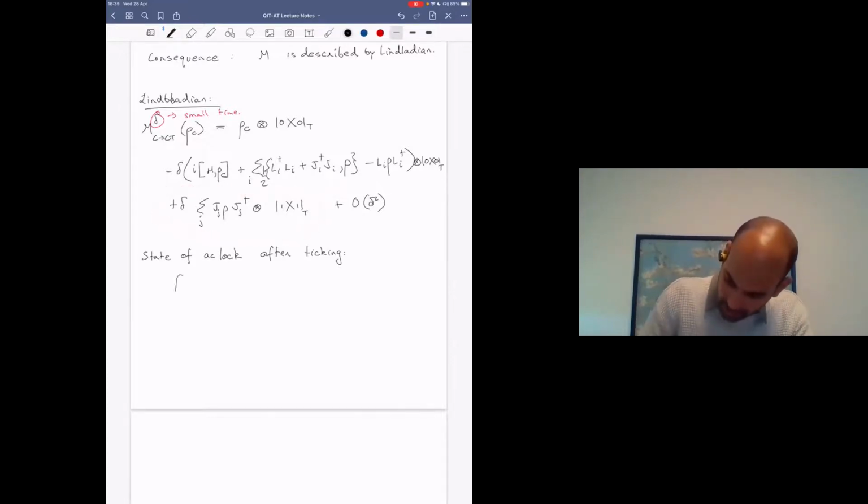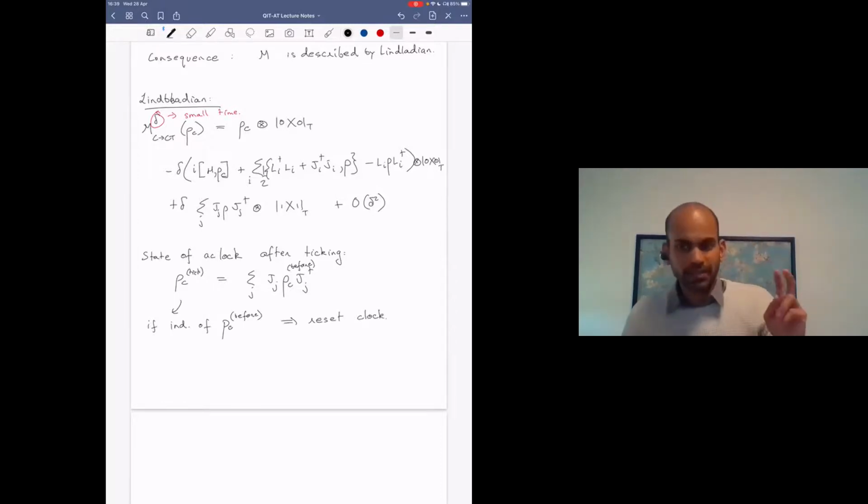And so the answer is rho_C after ticking is equal to this channel, sum over j, J rho J dagger, applied to rho_C before the tick. If this is independent of rho_C before the tick, we call this a reset clock.